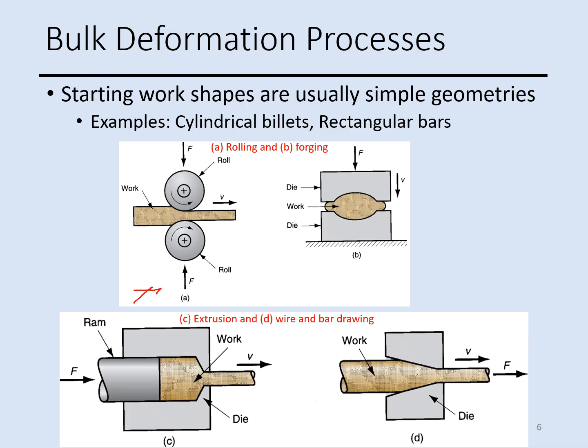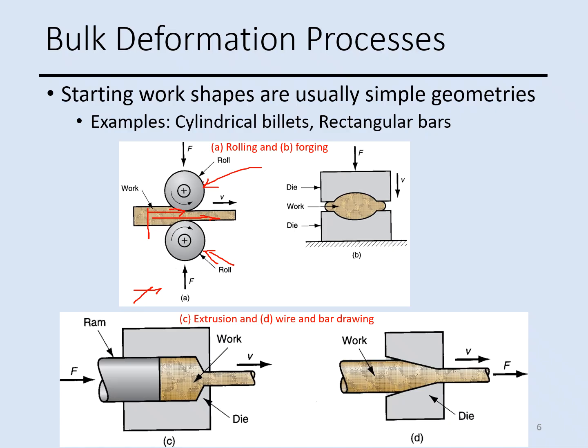The first schematic shows a rolling process, and we have a severe compressive deformation, and the thickness of that plate or slab is reduced because of these two rolls. These two rolls are drawing this workpiece into this gap, and the gap has a certain distance, and the thickness of this workpiece is reduced as the workpiece goes inside the gap.